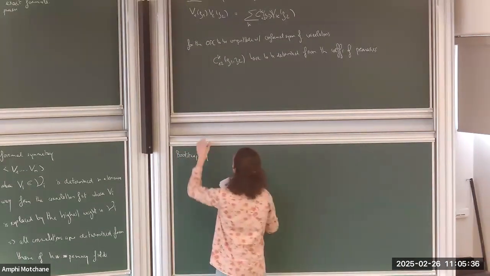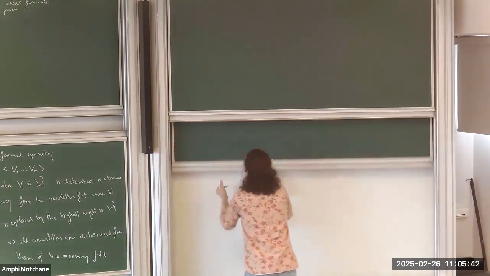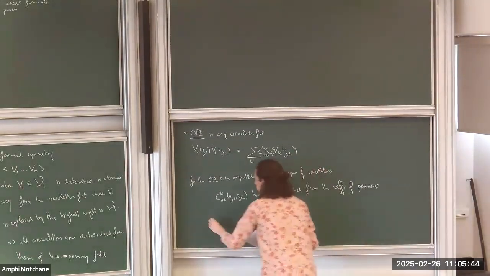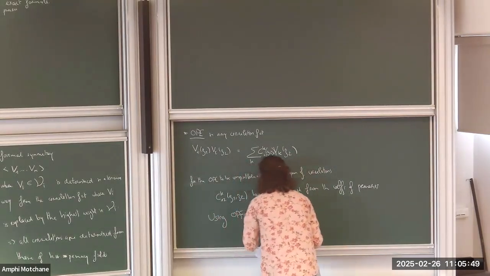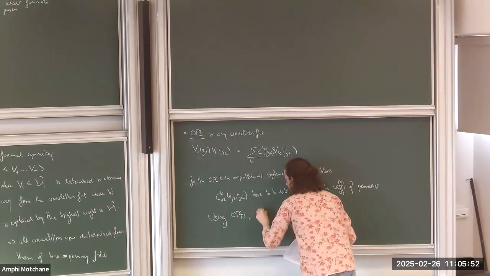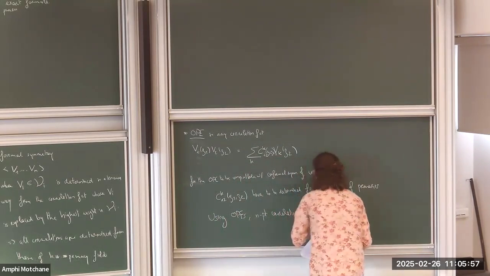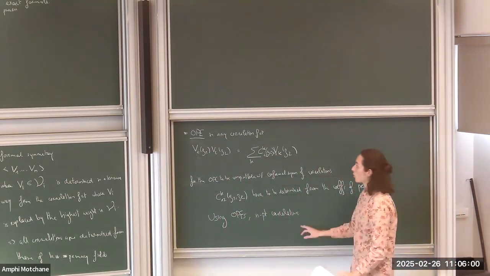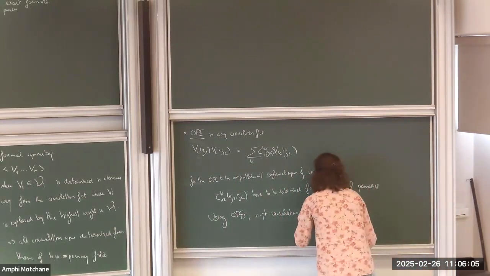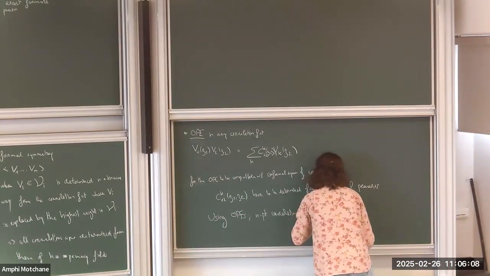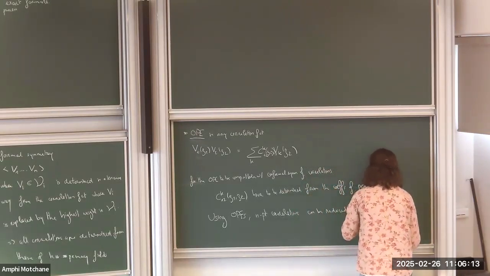Okay, maybe just one thing I forgot to say is that using OPEs, computing n-point correlations can be reduced to 3-point correlations.